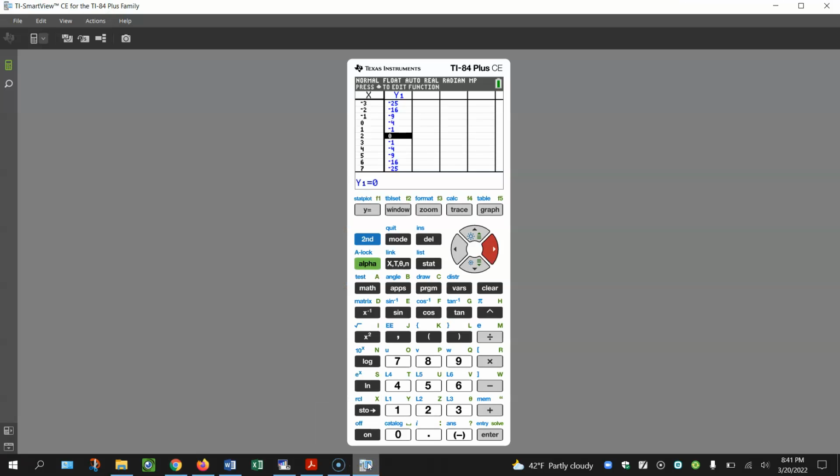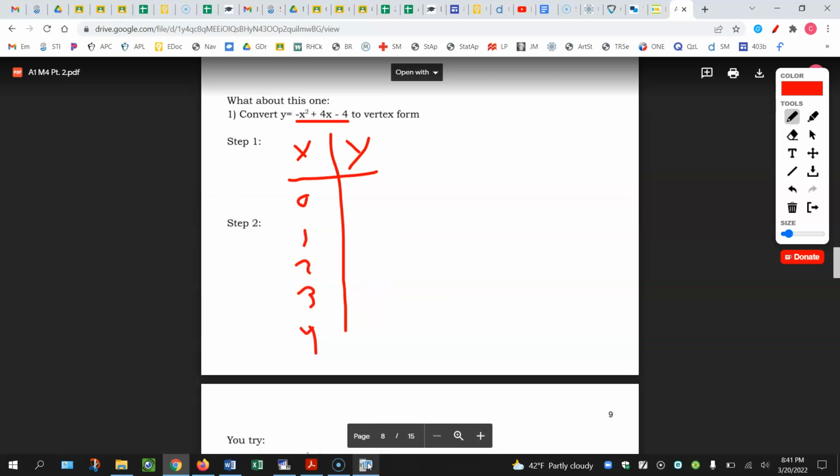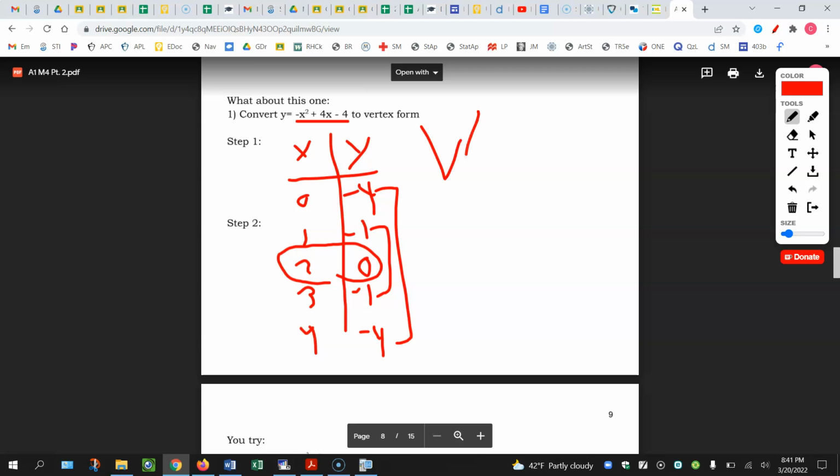Okay, and this is negative 4, negative 1, 0, negative 1, negative 4. So those match, and you have this one in the middle that doesn't. So your vertex is 2, 0.